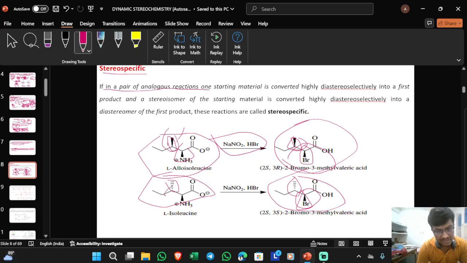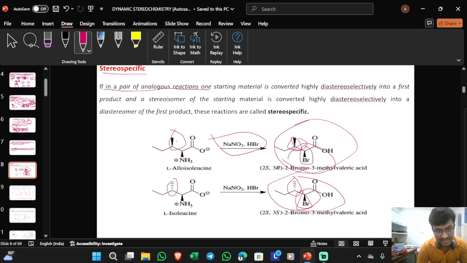I am talking now about this center being chiral, but another chiral center is not observed. These are the two products, with two chiral centers not observed in any of this reaction. Then these are diastereotopic.